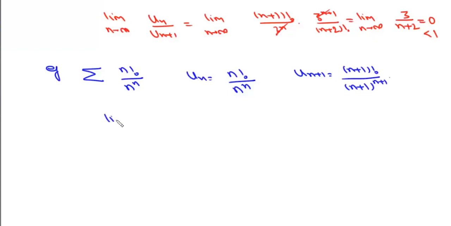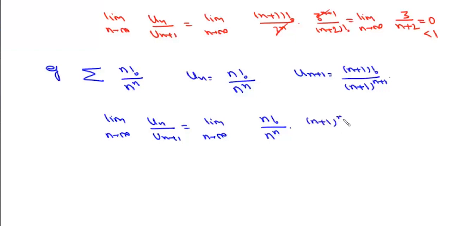Now we'll find this limit, n tends to infinity, un upon un plus 1. So it will be this limit, n tends to infinity, factorial n upon n to the power n divided by, now here it will be n plus 1 to the power n plus 1 upon factorial n plus 1. Now this factorial n and factorial n plus 1 will cancel. So we'll have this n plus 1 and this n plus 1 will also cancel.